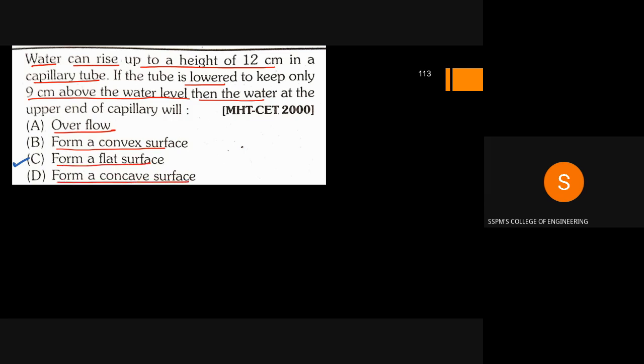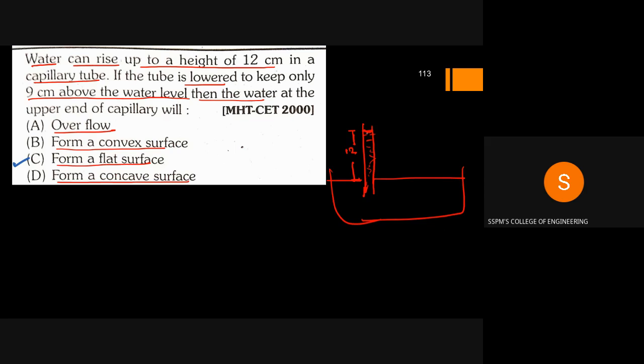In case of water, the original water level rise is 12 centimeter, and the original shape is concave.